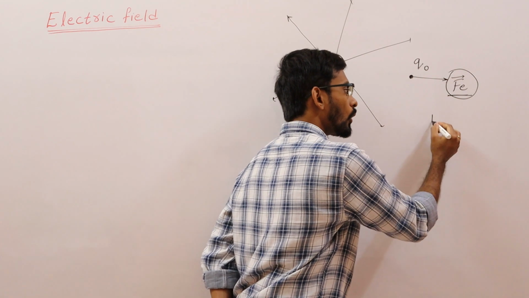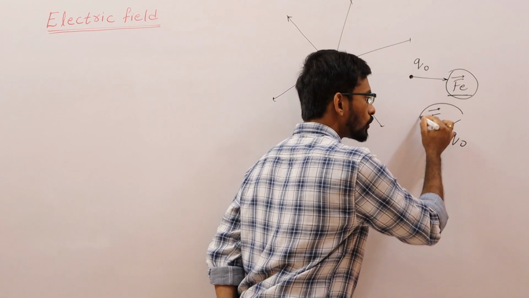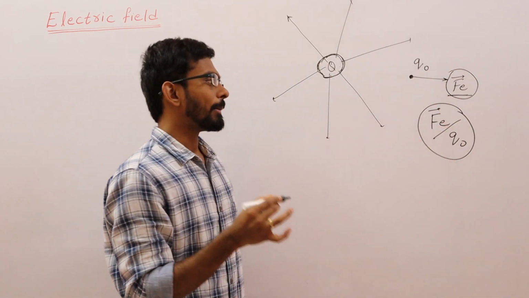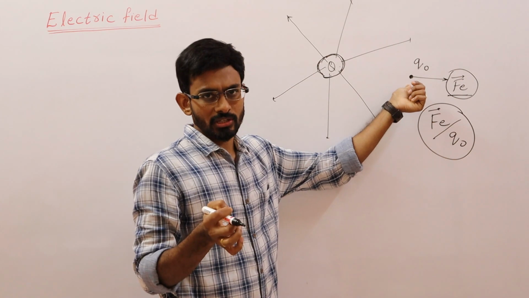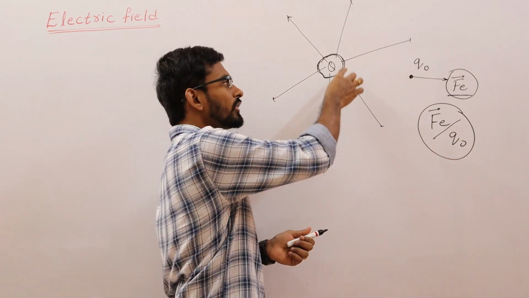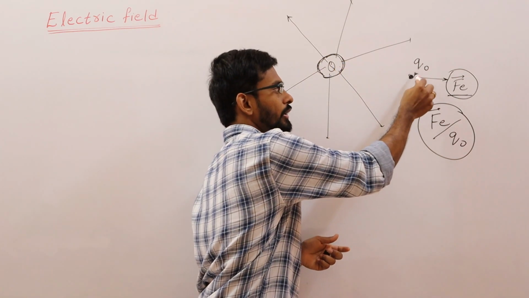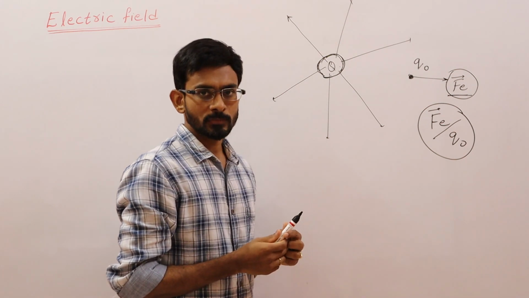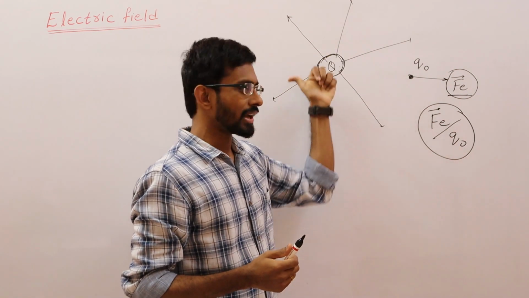Fe by Q0 will give you the force applied by this charge on a test charge per unit charge. Now the force per unit charge depends only on this charge as well as the location of this point, but not on this test charge. That is the way in which we can test the strength of this electric field.